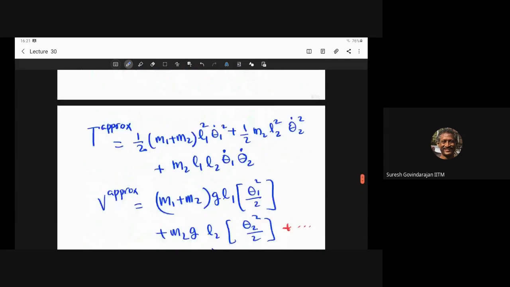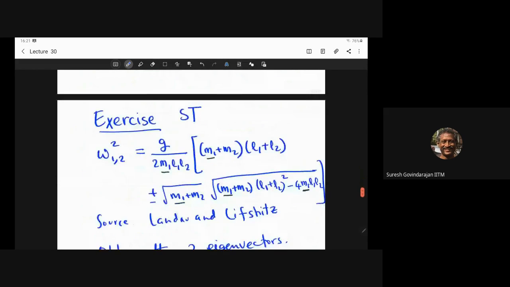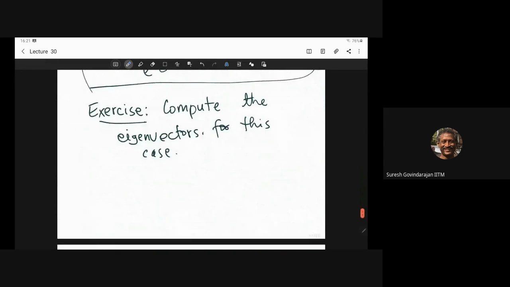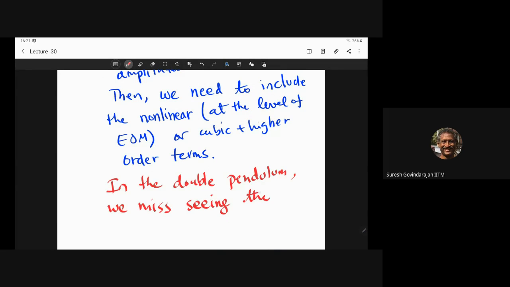But you know that at large amplitude, this particular Lagrange system exhibits chaos, right? It does weird things. This is actually so in the double pendulum. We miss seeing the chaotic behavior.